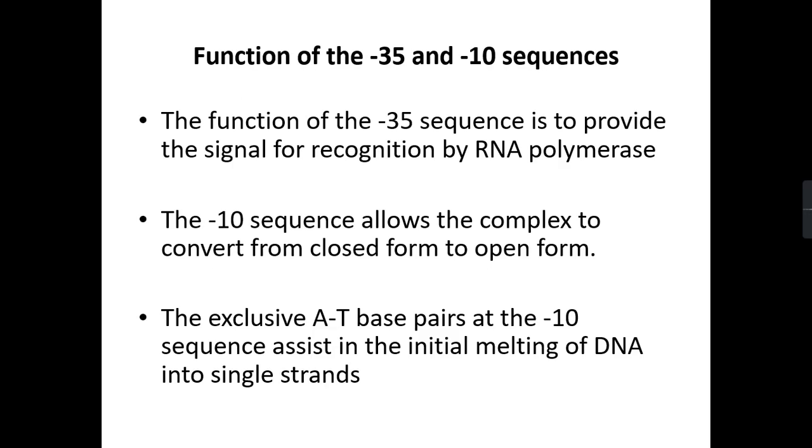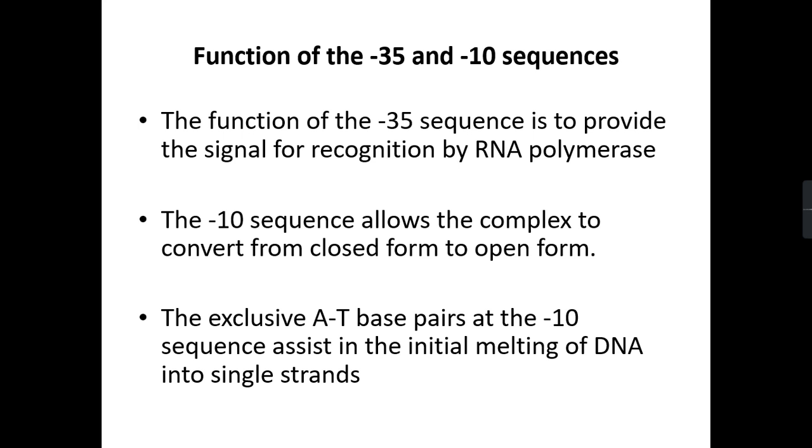Now the functions of the -35 and -10 sequences. The -35 sequence provides the signal for recognition by the RNA polymerase. So the -35 region tells the RNA polymerase that here is the region that you are supposed to bind to, to cause the unwinding or melting.